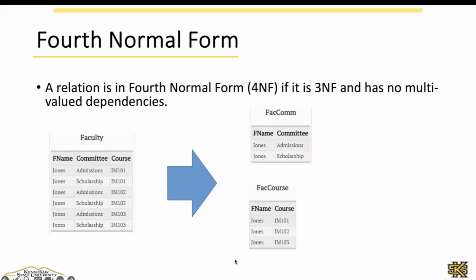In the faculty and course table, we would store faculty name and course assignment. In both of these new tables, the combination of the attributes would form the composite primary key. So the ultimate goal of fourth normal form is to reduce data redundancy and ensure that no insertion or update anomalies could occur because of this redundancy.